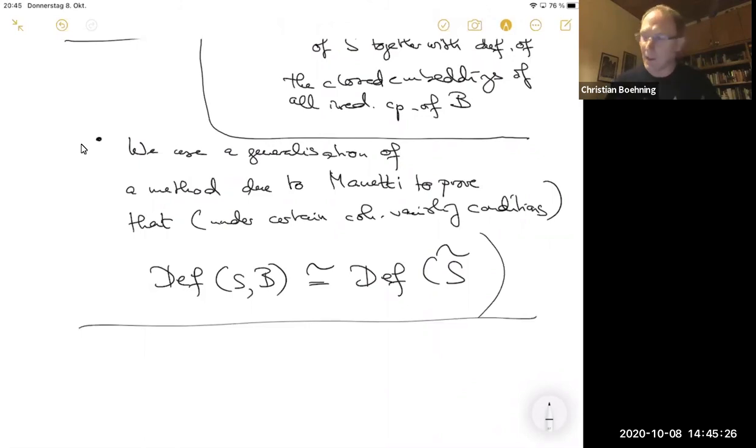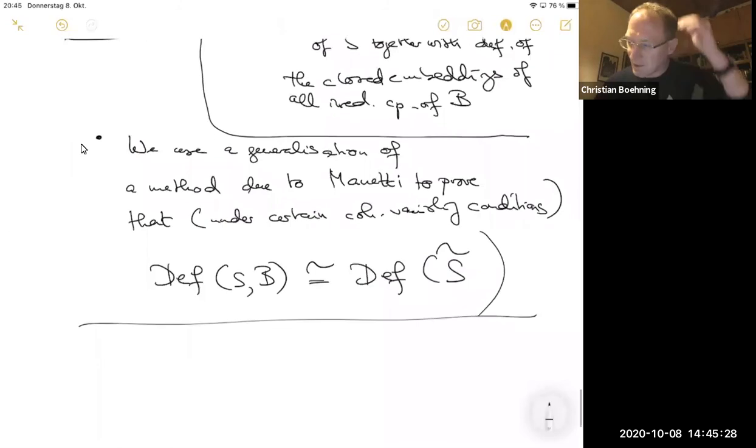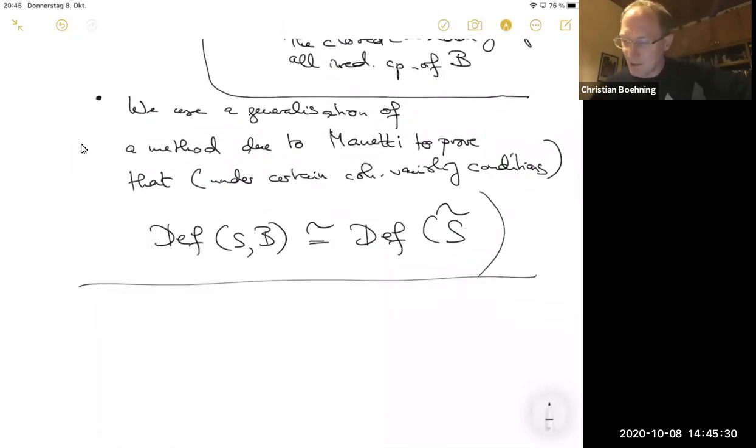And what Manetti and Fantechi-Pardini show is that if the building data is what they call ample enough, which means that the L_chi are, for example, ample and ample enough, then all of this is fine.